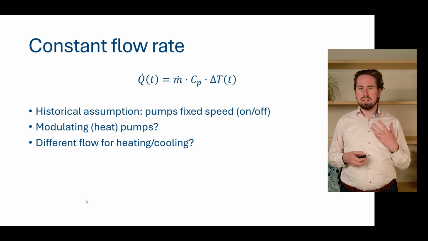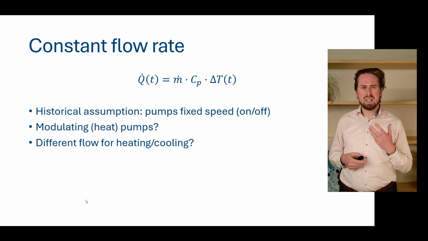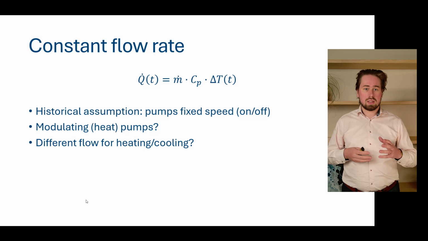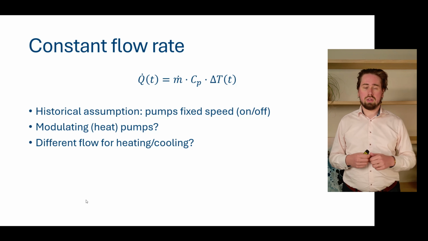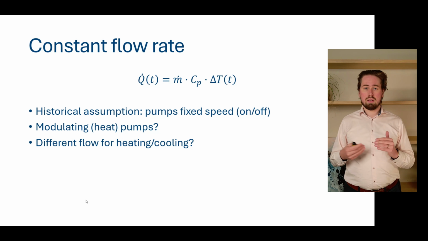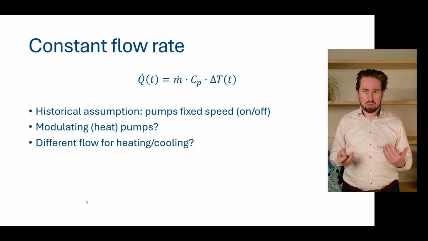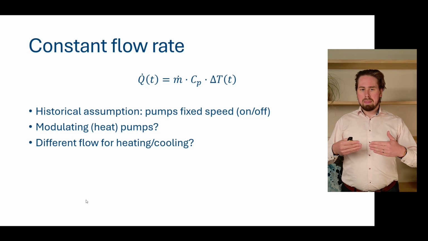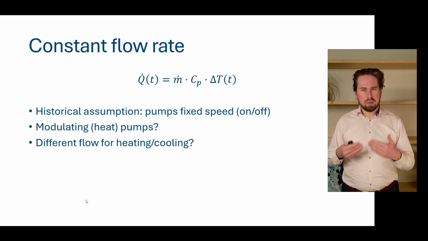So using a constant flow rate is quite a big assumption and not quite an accurate one when working with frequency controlled pumps. And the second issue is that now that buildings have both heating and cooling demand in most parts of the year or the world, the thing is, do they have the same flow rate?